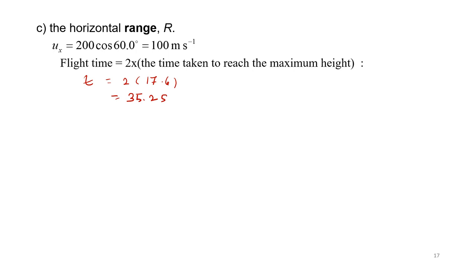After that, we calculate horizontal range R equal Ux T. Ux 100, flight time T 35.2, we get horizontal range 3,520 meter.